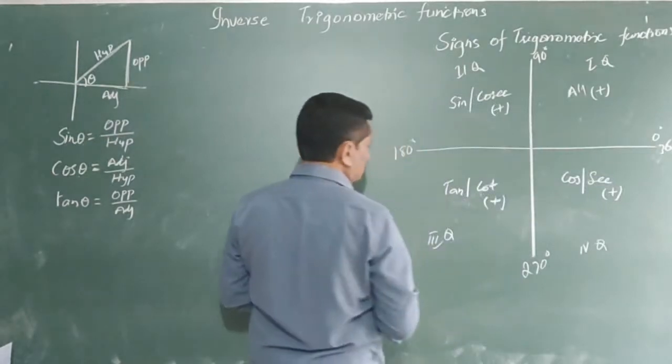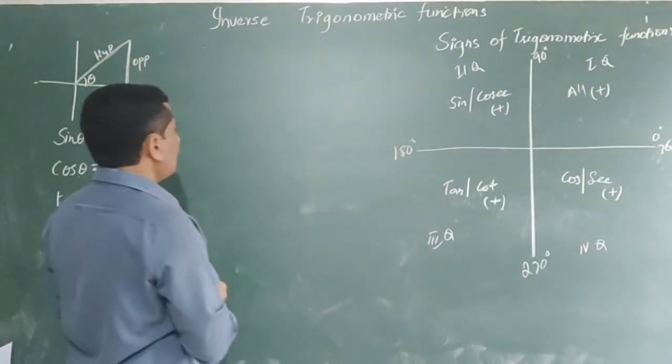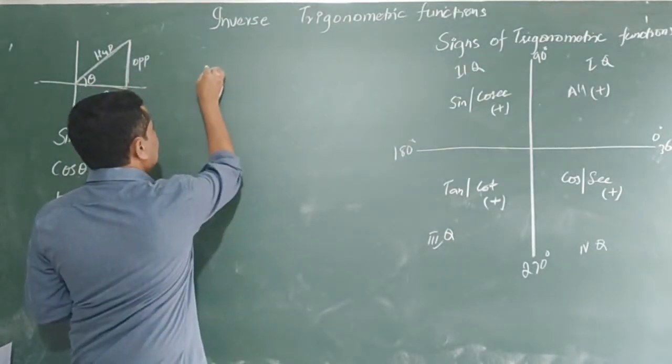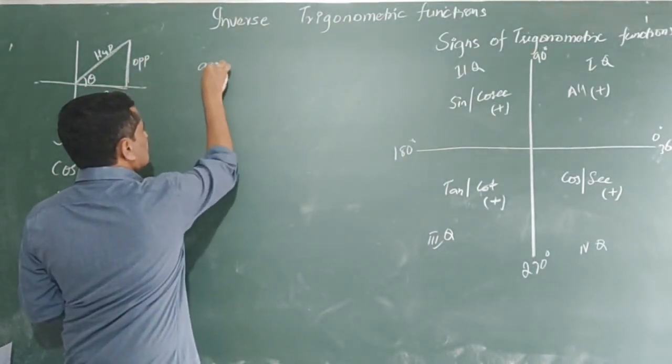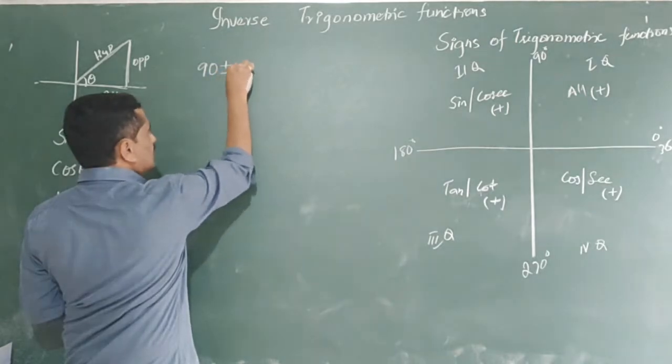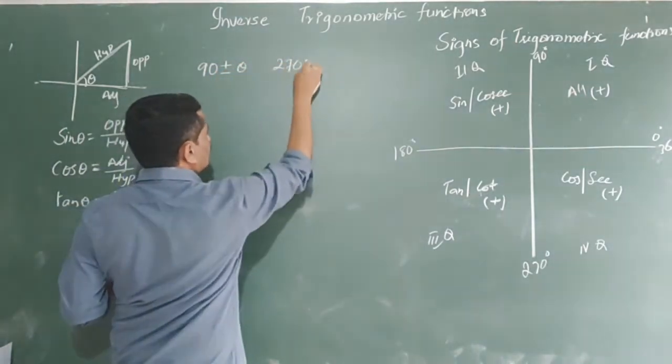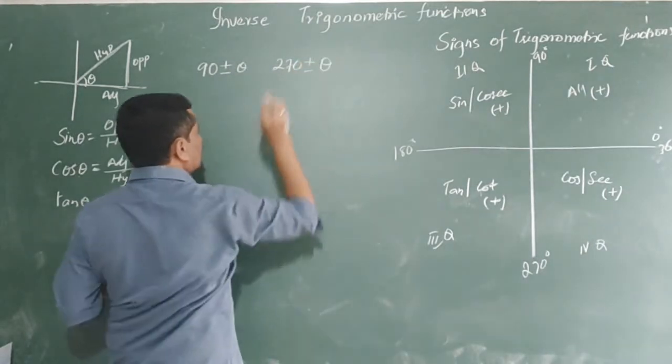Once again, we have allied angles with theta, that is 90 plus or minus theta, or 270 plus or minus theta.